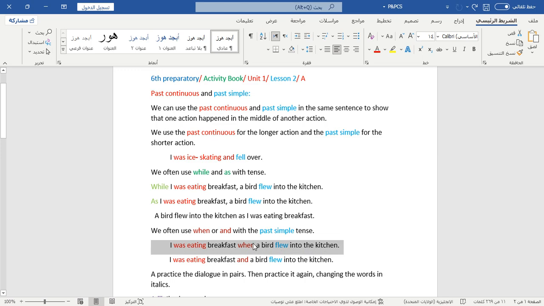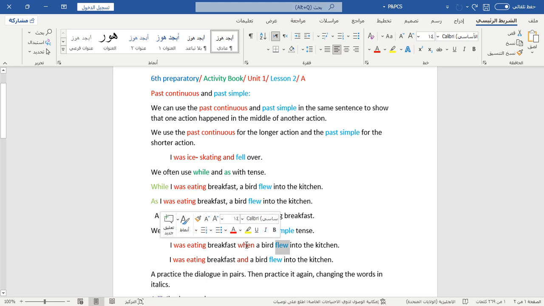When is in the middle of the sentence, followed by the past simple tense. But what's the tense before when?